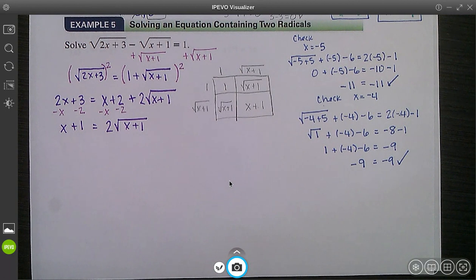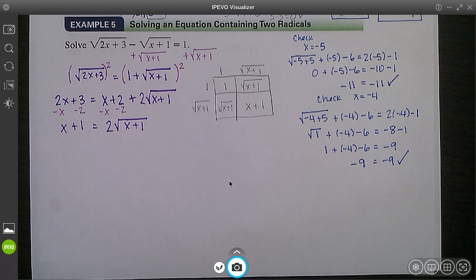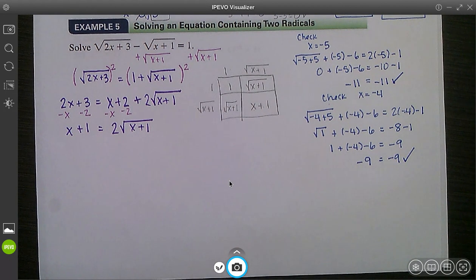Okay, if I isolate this radical, that means I'm going to have to divide everything by 2, and that's going to give me fractions. So instead, I'm going to show you a hack for how to square both sides if you have a number in front. Because honestly, that's my next step.